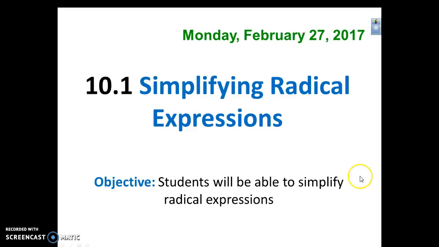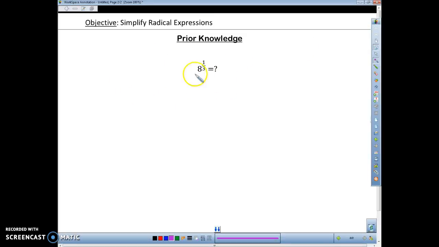Today we are going to talk about simplifying radical expressions, and our objective is just that, to simplify these radical expressions. Kind of touching on your prior knowledge, if I asked you what 8 to the power of 1/3 is, you would remember that if I have a power that is a fraction, I am really taking the cubic root of this.